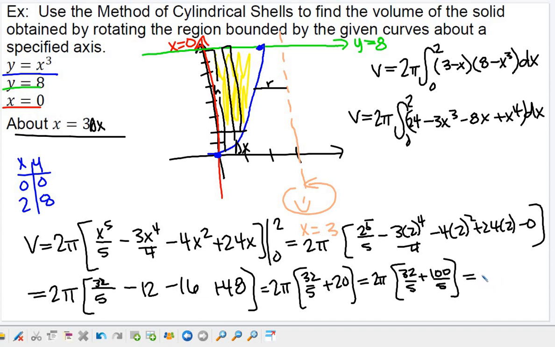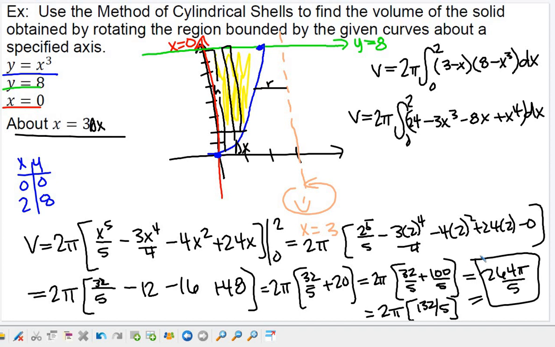So we get, I'm going to come down here, 2 pi times 132 over 5, which gives me a final answer of 264 pi over 5.